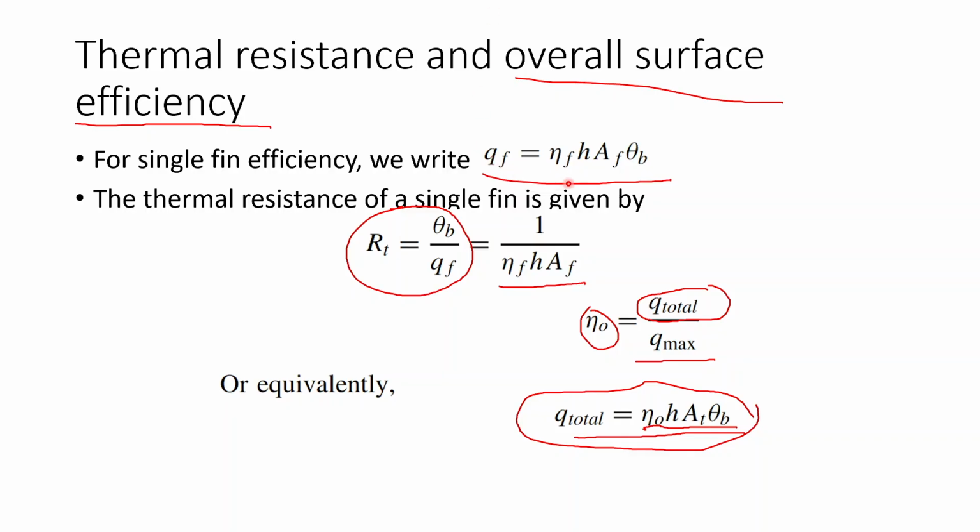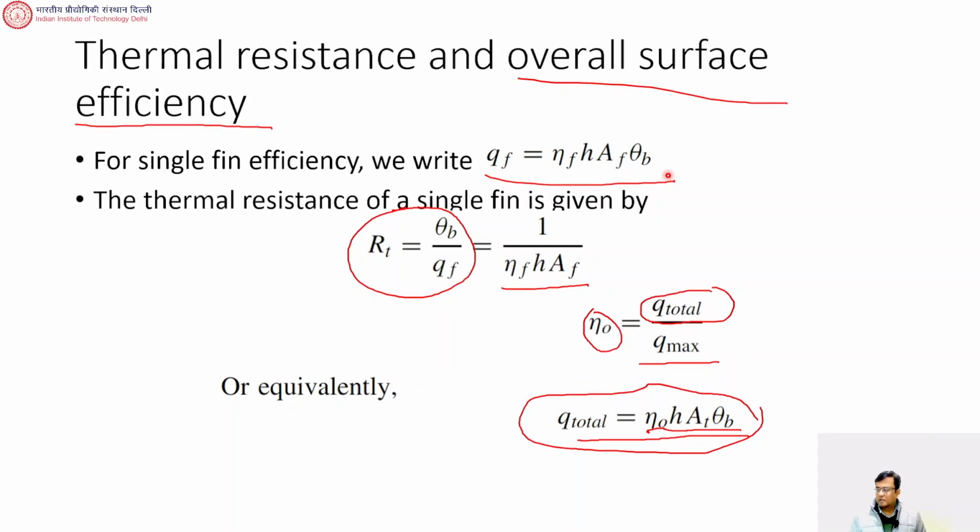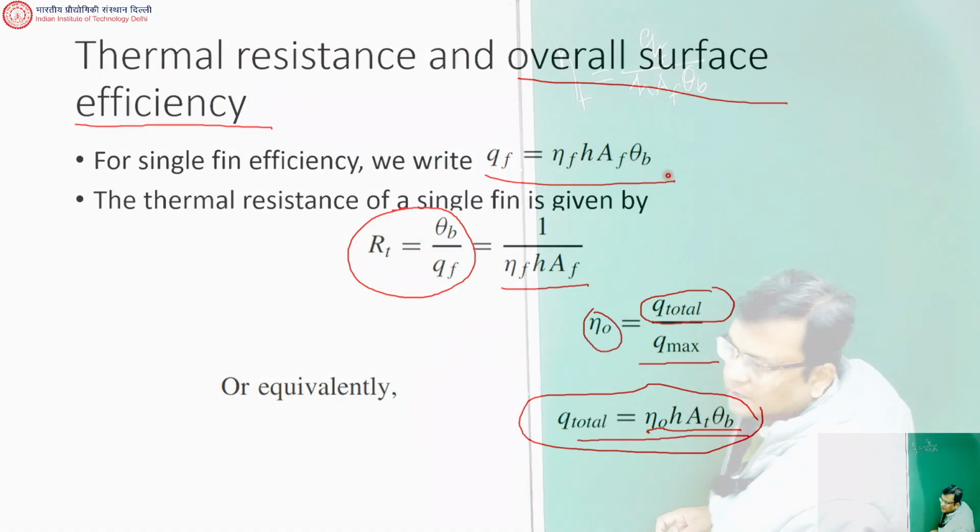There is this QF is eta F HAF theta B. So this is based on single fin efficiency. So single fin efficiency, in other words, is defined like this, right? QF divided by HAF theta B. So this is all right.